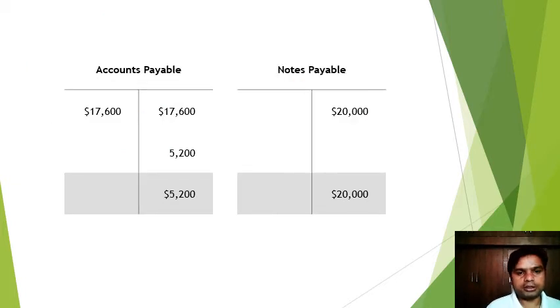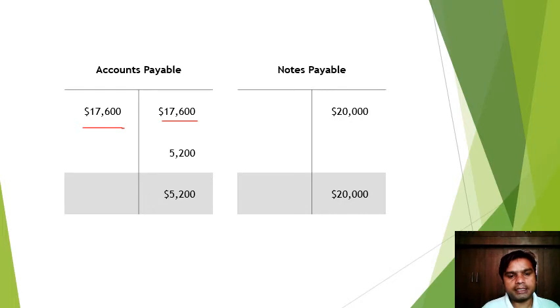Now it comes to accounts payable. You will remember that initially on January 4 we purchased office supplies of $17,600, and we paid the same amount on January 13th.